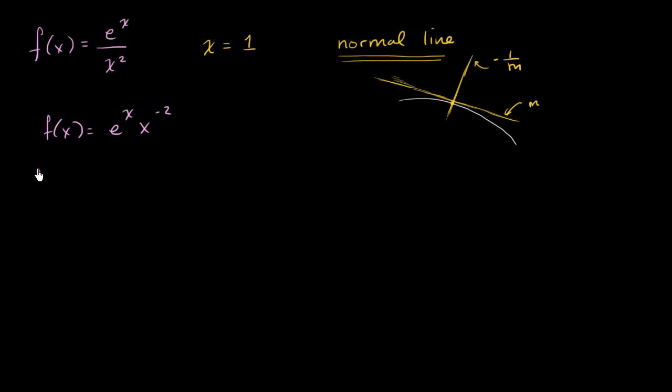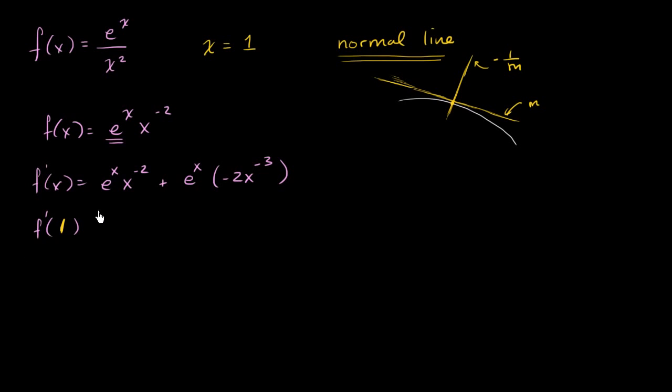So the derivative of this, f prime of x, is going to be the derivative of e to the x, which is just e to the x, times x to the negative 2, plus e to the x times the derivative of x to the negative 2, which is negative 2x to the negative 3 power. I just used the power rule right over here. So if I want to evaluate when x is equal to 1, let me do that in that yellow color. I like switching colors.